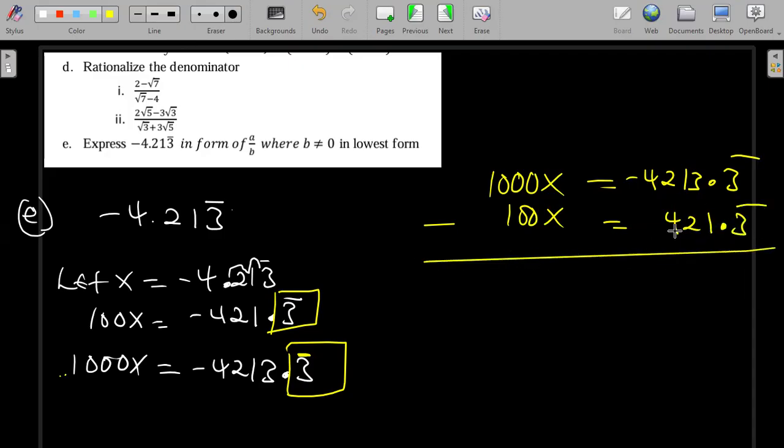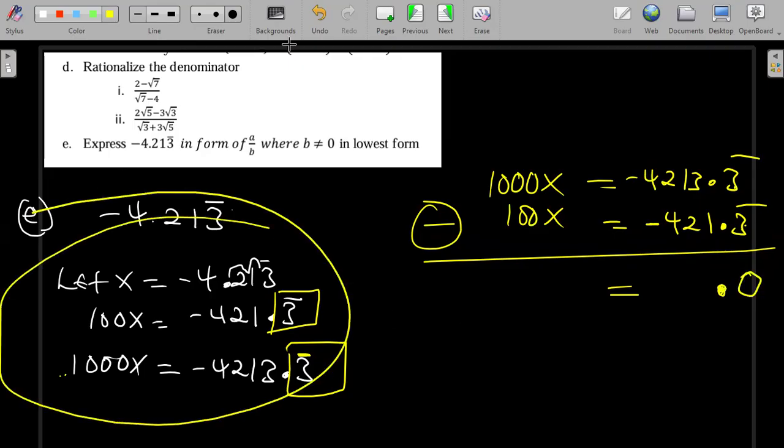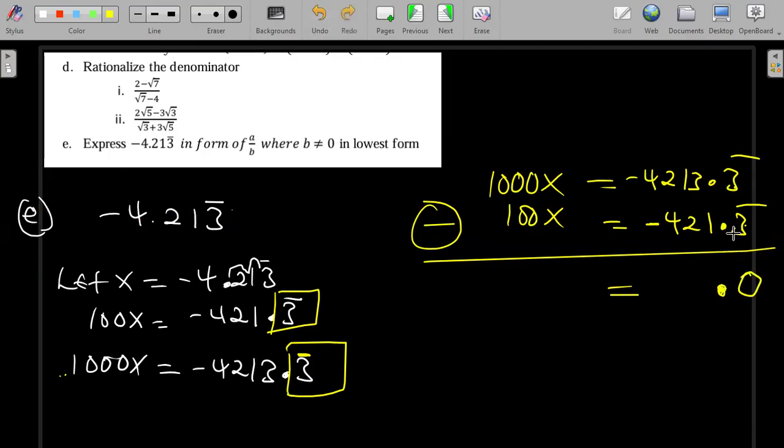I've forgotten a minus, so we are subtracting here, and this is minus minus. We can just treat it as a positive, because the signs are the same. So we're just going to say 3 bar minus 3 bar, and it will be 0. This is the reason why we're doing all this: when we subtract, immediately after the decimal point, we should have 0. If you don't get 0 here, just know that you're doing the wrong thing.